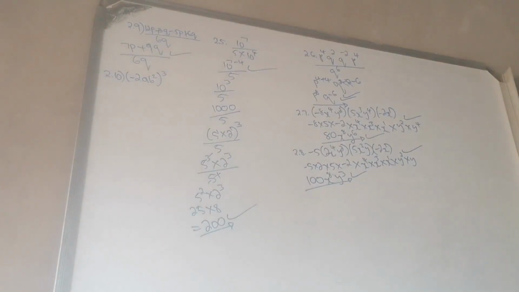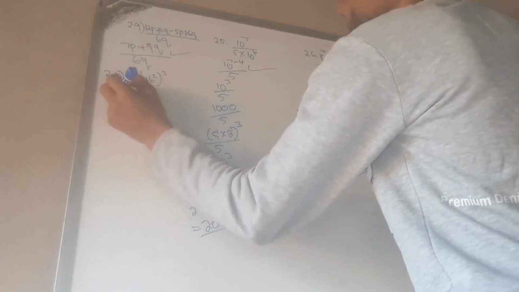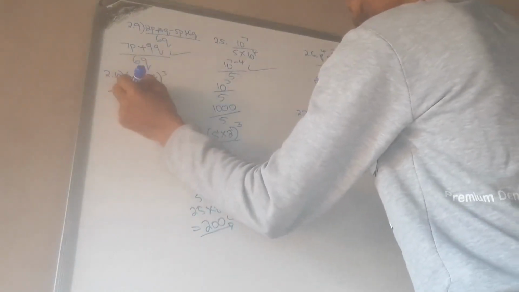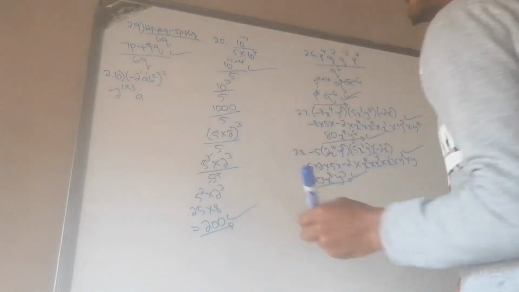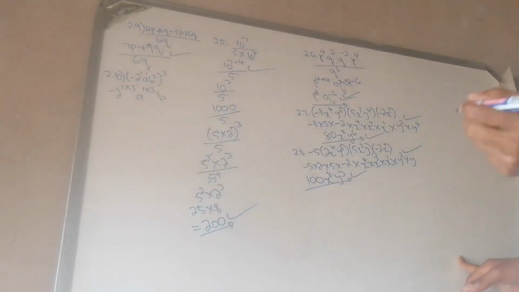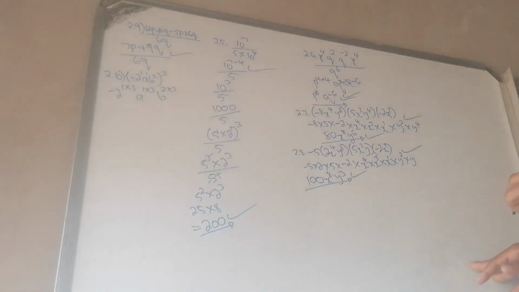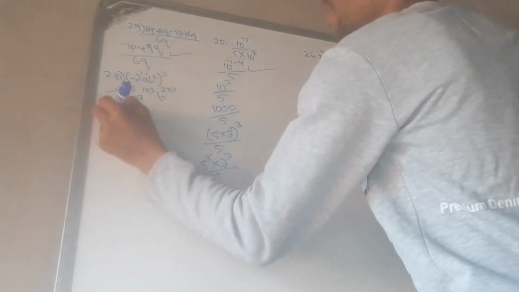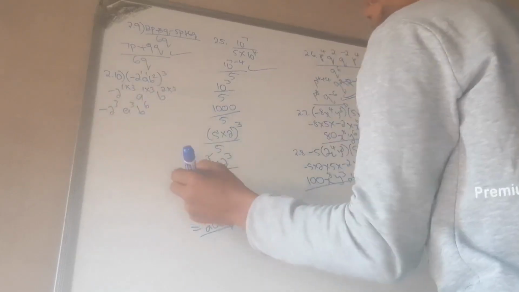How about I simplify it? We have negative 2, which exponent 3 multiplies again. Only a has an exponent of 1, we multiply by 3. Only b has an exponent of 2, we multiply by 3. So negative 2 exponent 3, a 3, b 6.